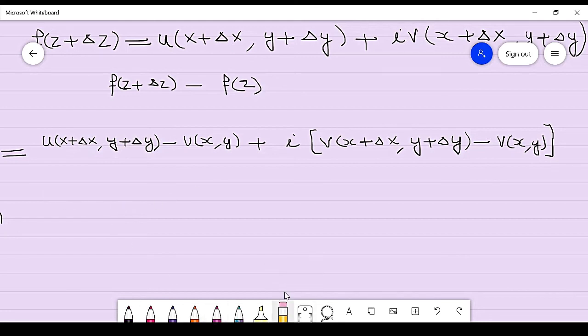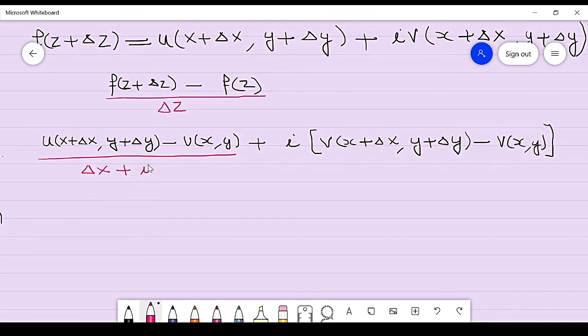Now here this is delta z. So what is the value of delta z? Delta z is delta x + i delta y.